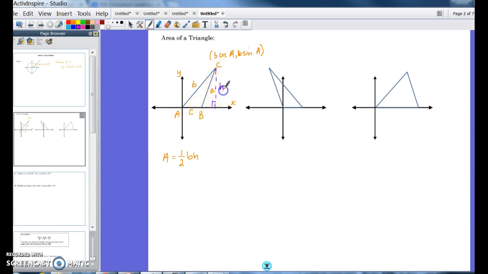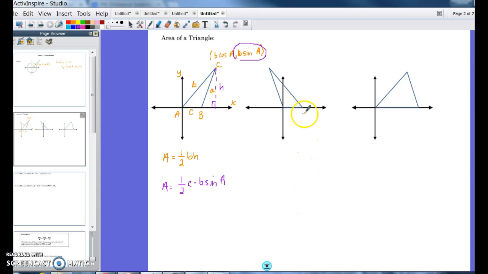If this was my height, then it is represented by that y coordinate, which is b sine A. And so I can say that my formula is going to be 1/2 my base, which is c, times my height, which is b sine A. And this might seem confusing. We're going to do the other two triangles, and then I think you'll see the pattern that's going on here.